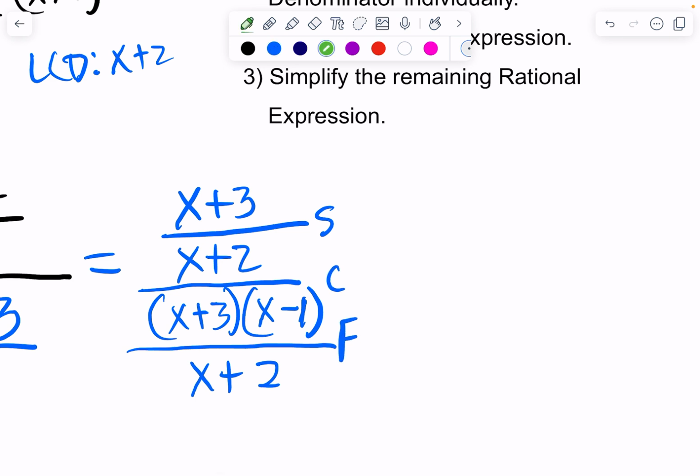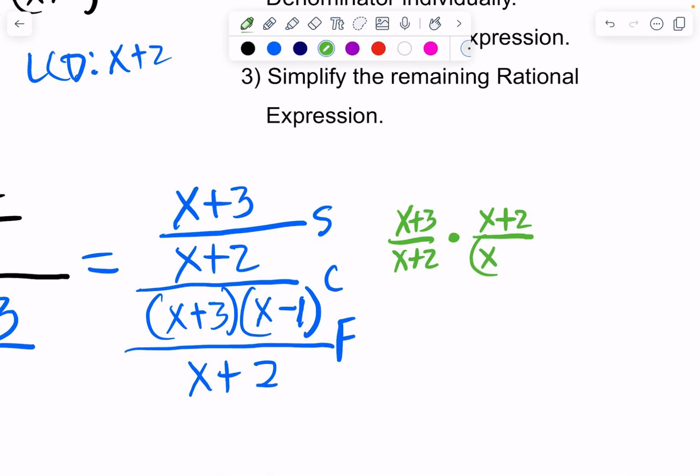So that will give me stay, change, flip. So that should be a 3 there. And that's x minus 1.